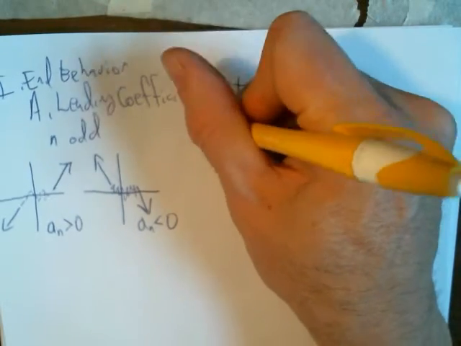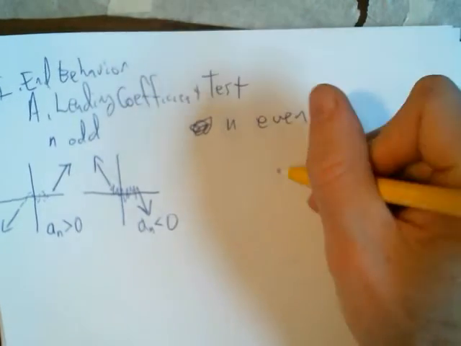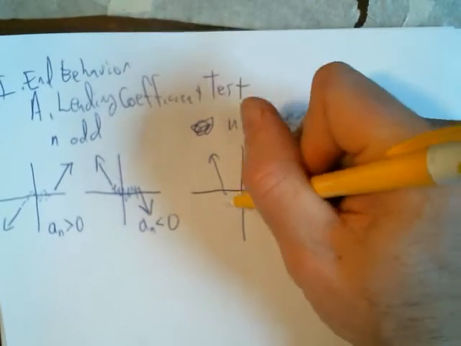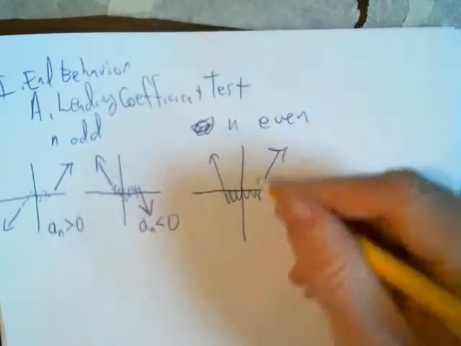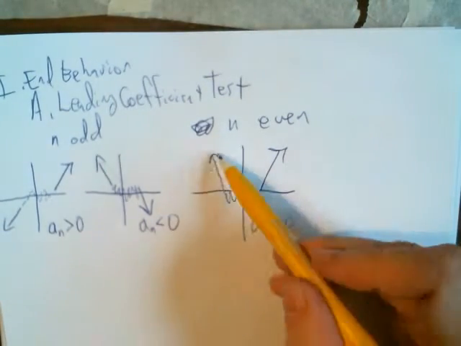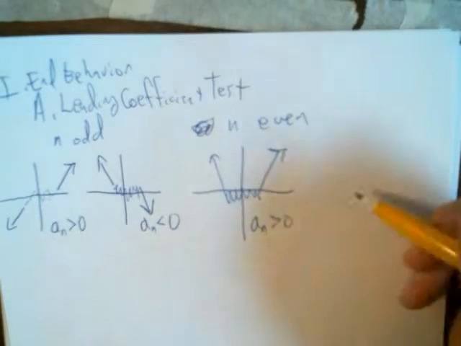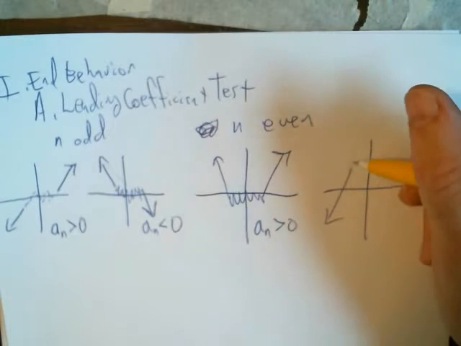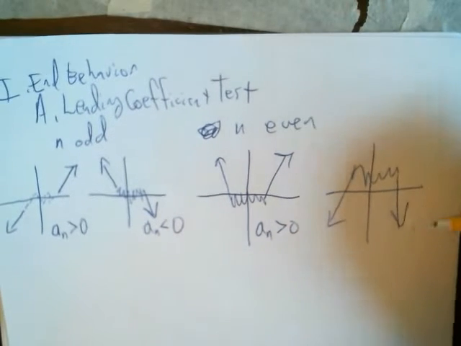Then we have n even, and these will behave just like parabolas. Okay, so you'll get a happy face in the end behavior for a leading coefficient that's positive. So for the parabola, it'll just go down like this. And then when the leading coefficient is negative, you get a sad face, okay, and doing something in between.